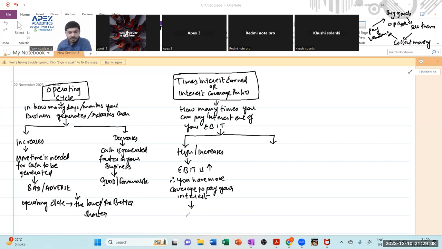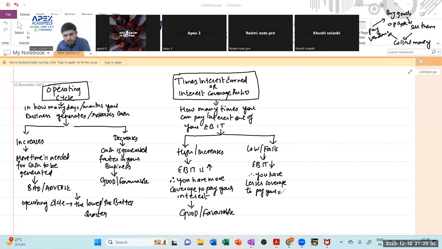So, this is good or this is favorable. If this is low or this falls, this shows you that EBIT is falling. Therefore, you have lesser coverage to pay your interest.